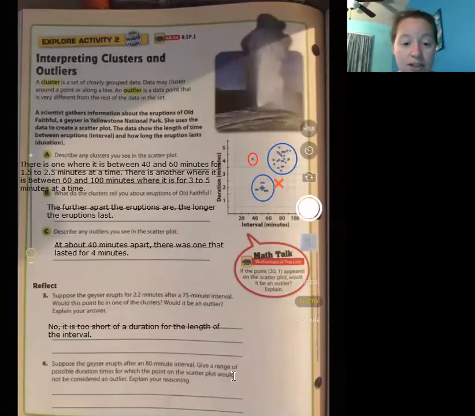It's very much outside. Suppose a geyser erupts after an 80-minute interval. Okay, I'm going to put a check on this one. Give a range of possible duration times at which point on the scatter plot would not be considered an outlier. So at 80, oh, actually, it doesn't want that at all.